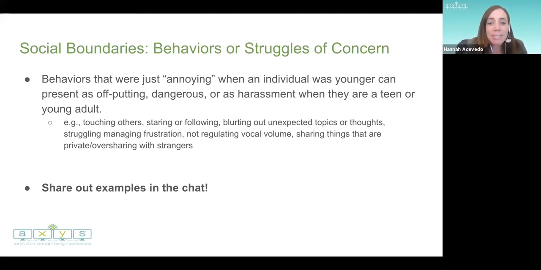With younger kids, we're like, this is different. But as individuals get to be teenagers and adults, the individual's bigger, and it might present as off-putting to other people, or dangerous, or as harassment. So we really want to address these as early as possible.